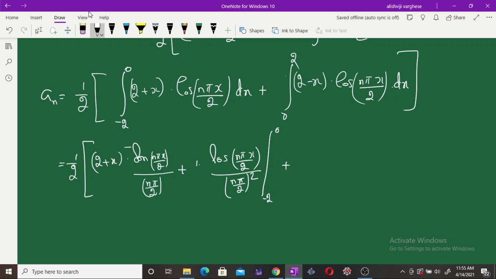and in the second integral the integration process is almost the same.